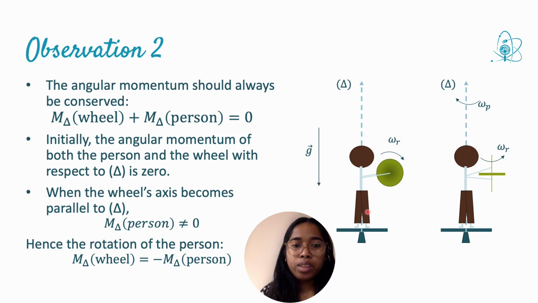And when the wheel's axis becomes parallel to delta, the angular momentum of the wheel is no longer 0. But since there needs to be conservation of angular momentum, the person will rotate automatically in the opposite direction to the wheel, and that explains the rotation in this situation.